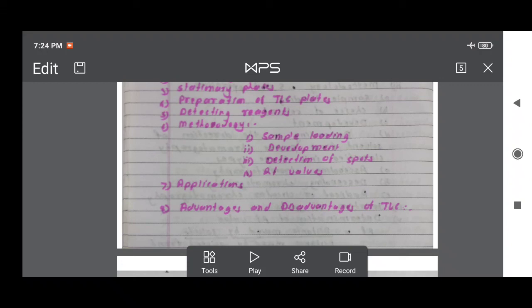Colorless solutes can also be located by visualizing the TLC plate under UV light. When the solute is unknown or a suitable reagent is not available, the TLC plate is sprayed with concentrated acid like chromic acid or sulfuric acid and heated in an oven. By this, many organic compounds form black spots and can be located.